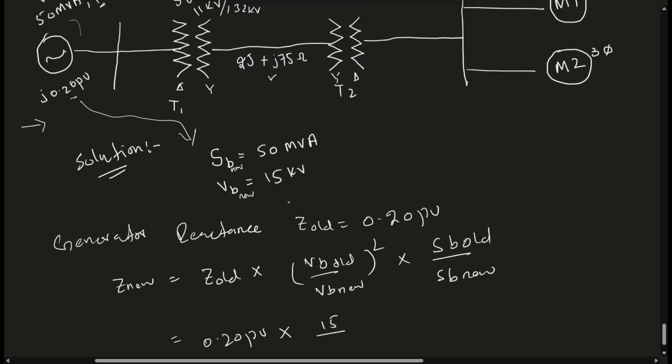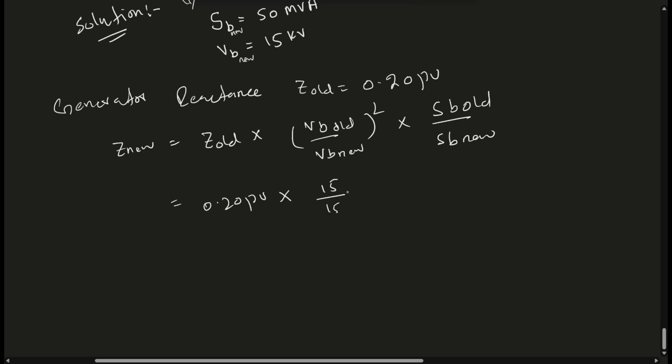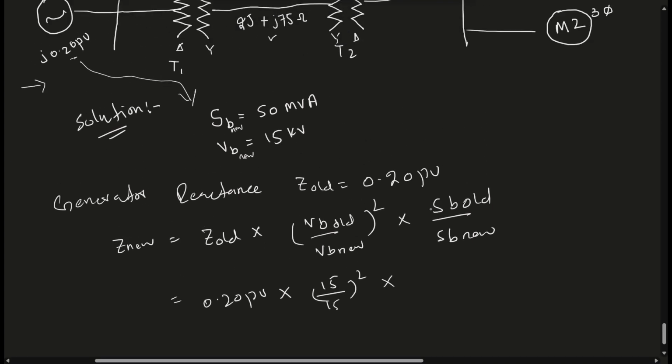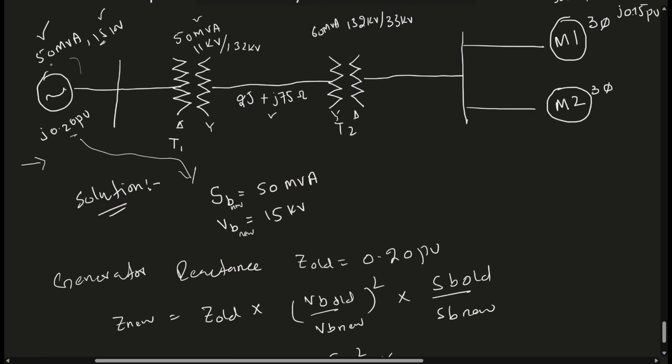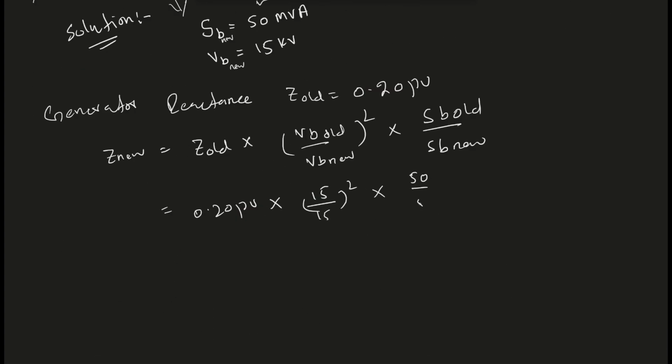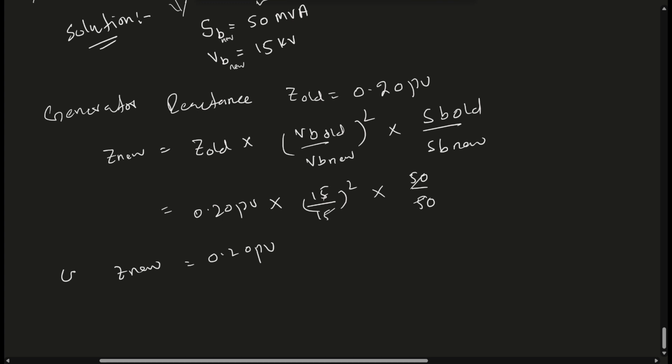These values cancel out, which is why I said the generator reactance remains the same. Multiplied by SB old, which is 50 MVA, divided by SB new, which is also 50 MVA. All these values cancel out, so for the generator the Z new value remains the same.